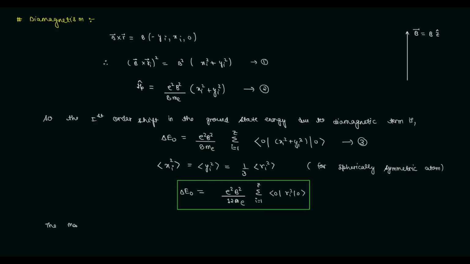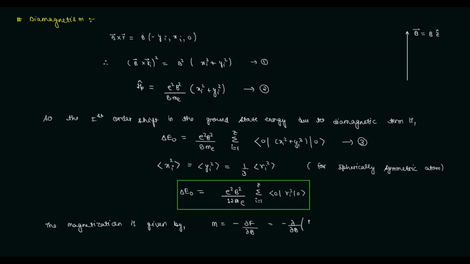As you must have studied in statistical mechanics, the magnetization is given by the partial derivative of the Helmholtz function with respect to the magnetic field, and in this case, if we consider that there are n ions in a volume of V with all electronic shells filled, then this Helmholtz function in this case will become n divided by V times ΔE₀.